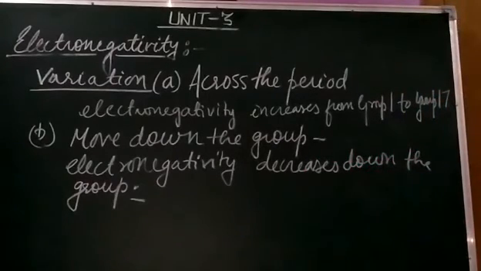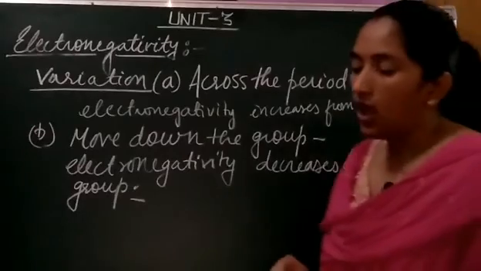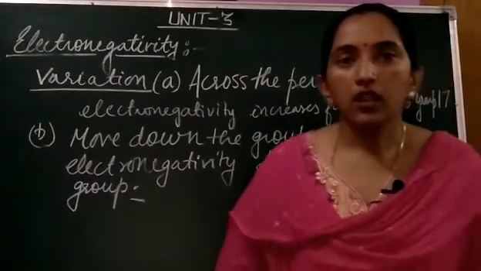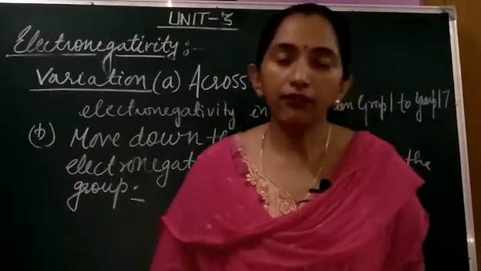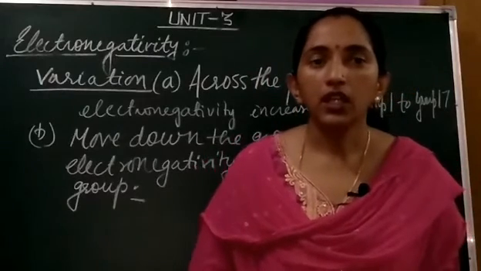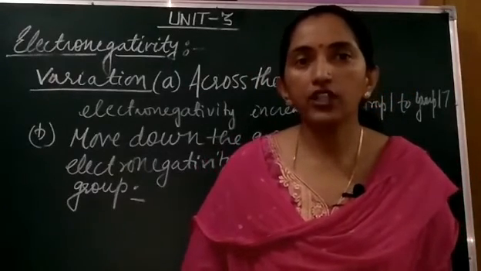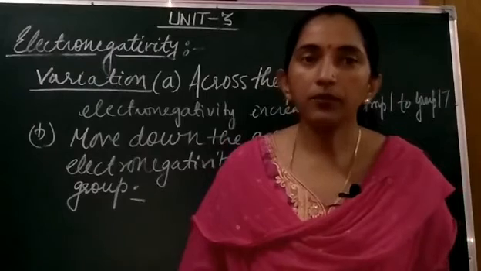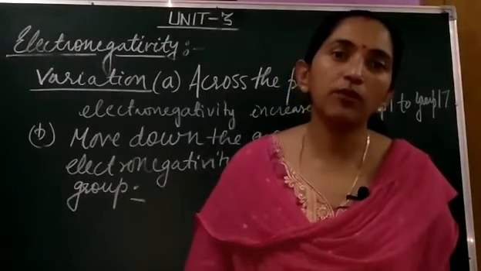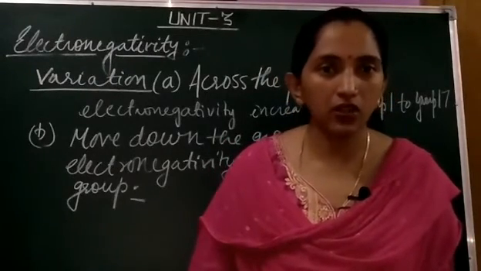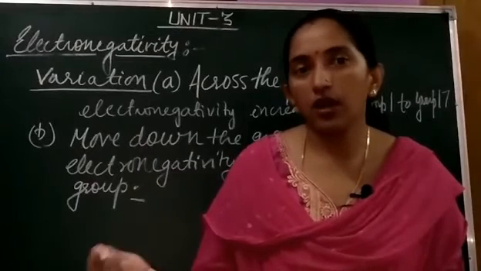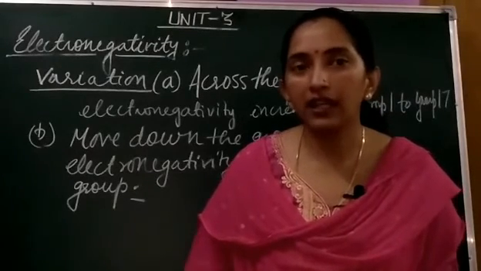Now students, what is the application of electronegativity? That means if we know the electronegativity, what can we predict about an element? The first is that if we know the electronegativity of two elements, we can predict which one has more metallic character and which one has non-metallic character.